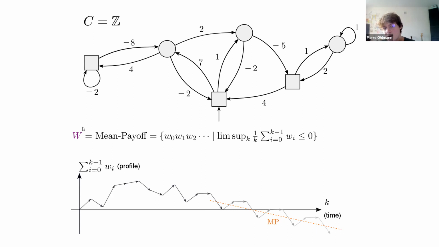So we win. I like to think of ourselves as Eve, the minimizer. We win if in the long run we go rather negative. Intuitively, what we aim to do is to trap the game in some negative cycles. That's the goal. There's a lim sup here.